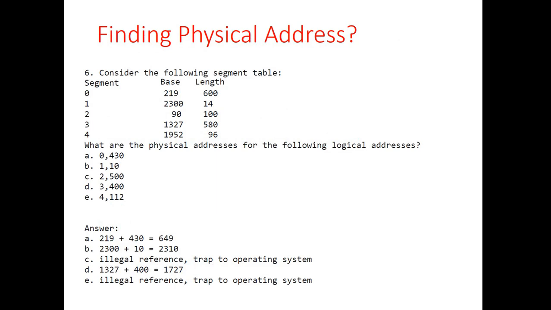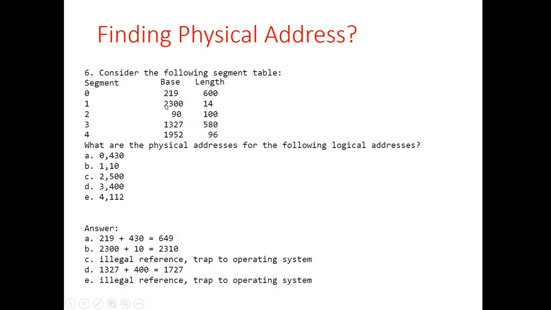Finding the physical address. Consider the following segmentation table. There are 5 segments: segment 0, 1, 2, 3 and 4. For segment 0, the base register content is 219 and the length of the segment is 600.